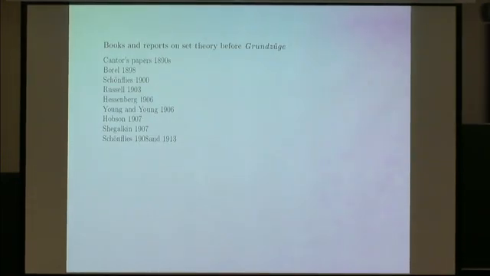There were other books on set theory, books and reports before, starting from Cantor's papers, and then Schönflies wrote quite a lot of reports to the German Mathematical Society. Here are other authors.